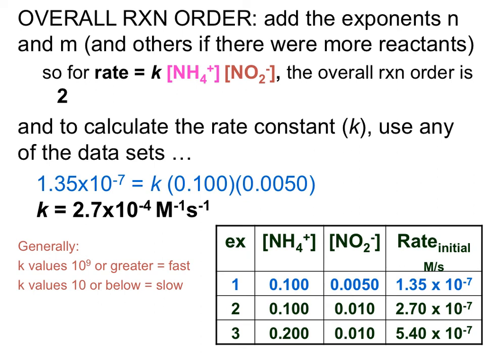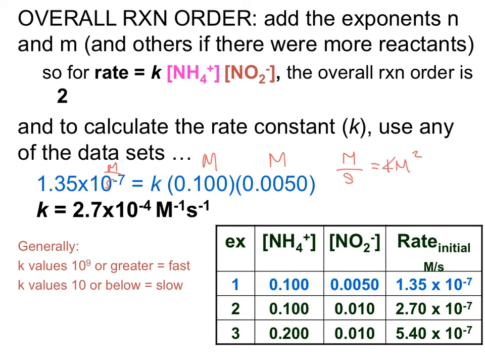as our rate constant. Now the units for your rate constant are going to depend on both the units and the powers or the orders of your exponents. In this situation, I have molarity to the first power times molarity to the first power. My rate is in molarity per second. So really what I have here in terms of my units is molarity per second equals K times molarity squared.